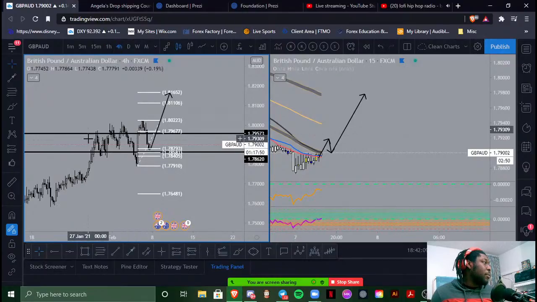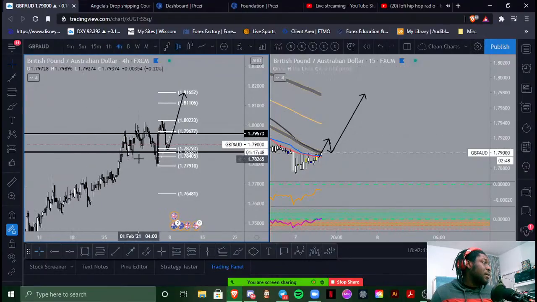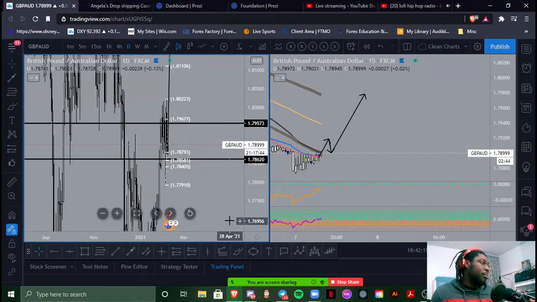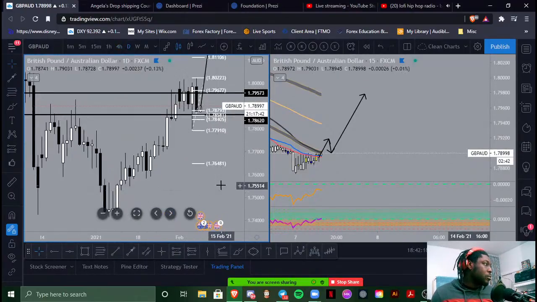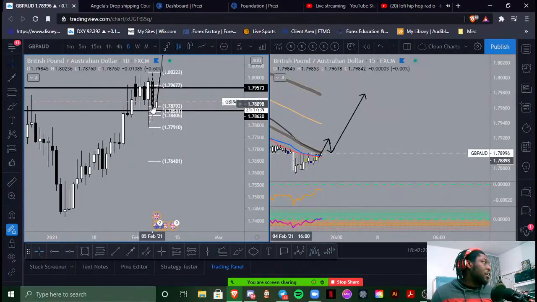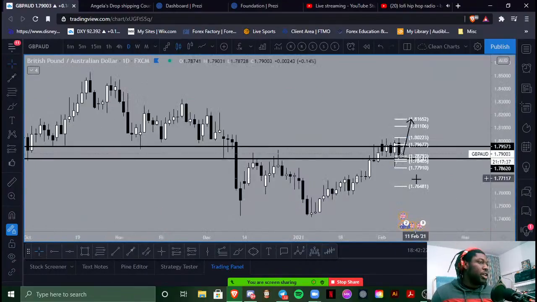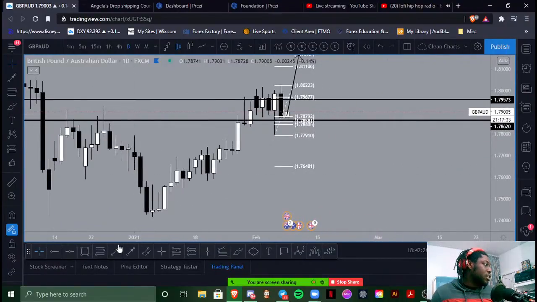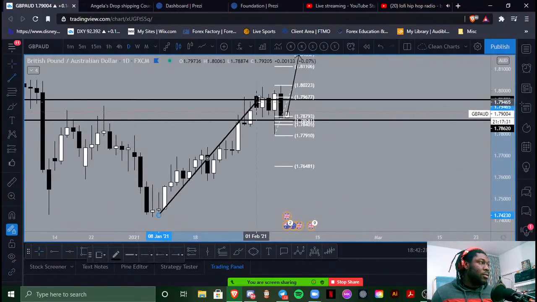I do like that price has been consolidating up here. It could be doing a bull flag type of thing. Let's go over here real quick.